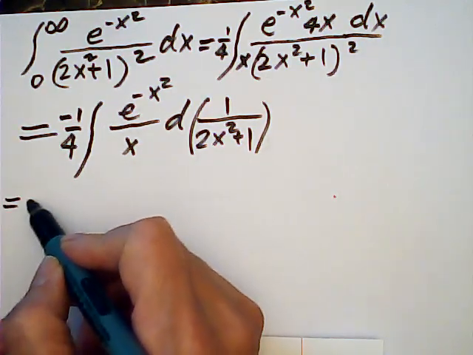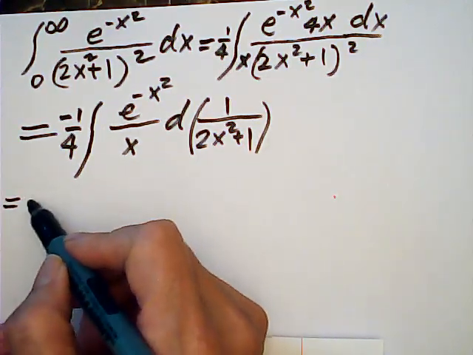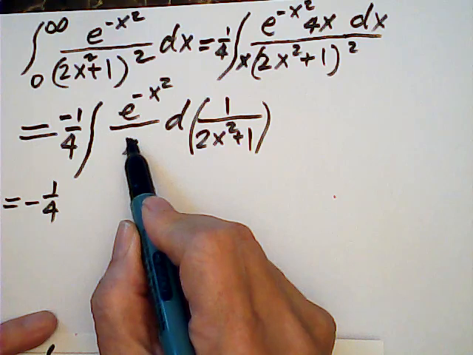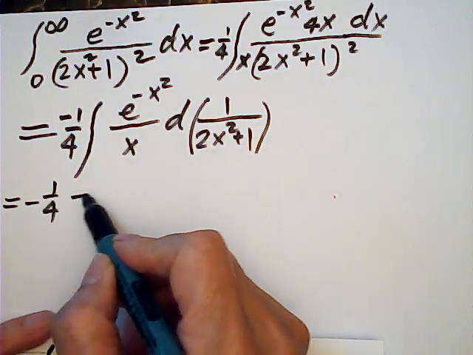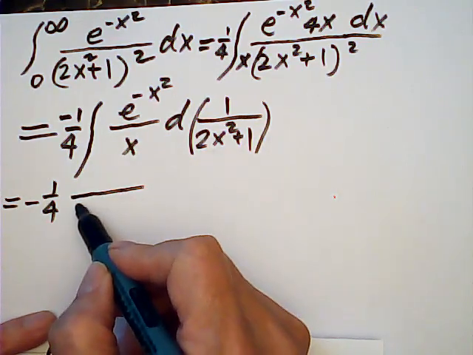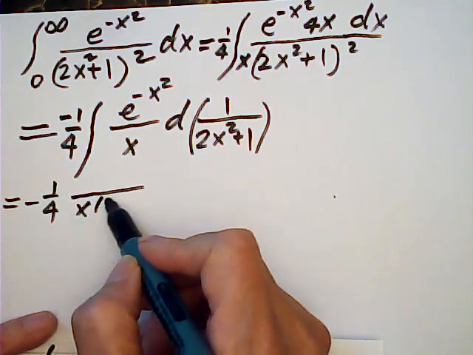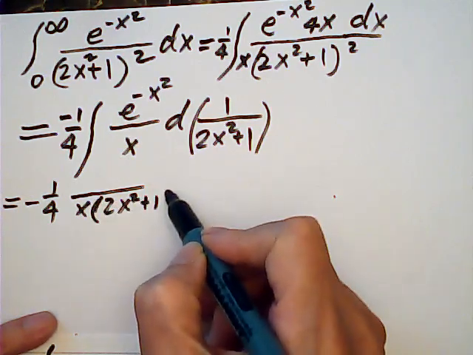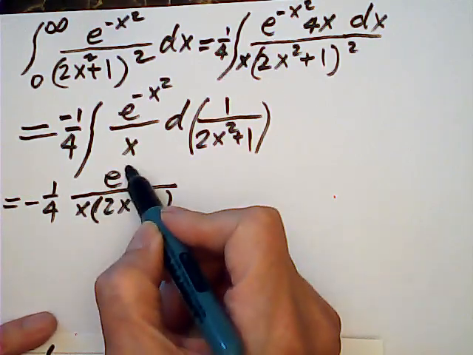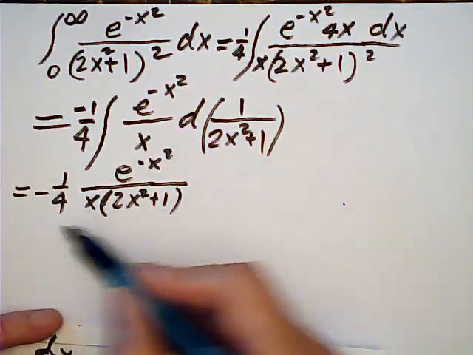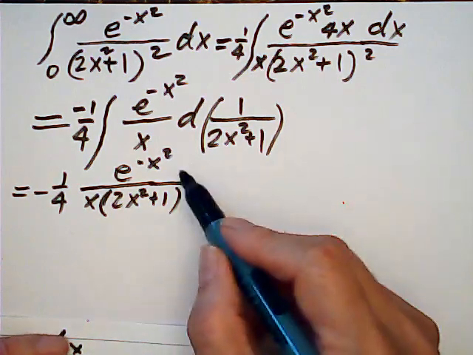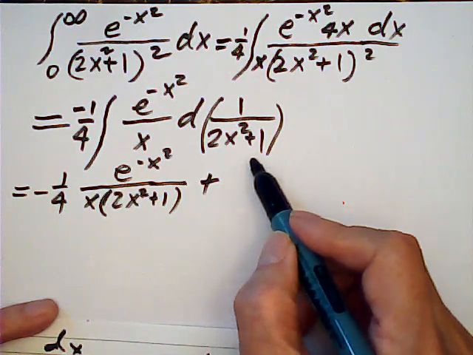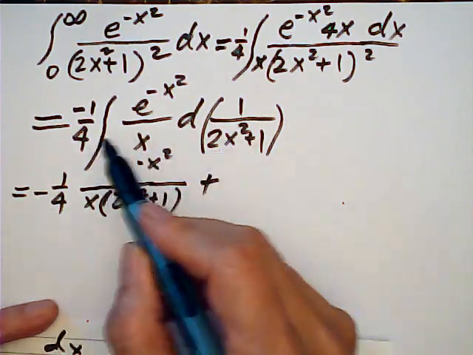So this one is equal to negative 1/4. This is u, this is v. This is x times 2x squared plus 1 times e to the negative x squared, minus, the v here becomes plus, v is this, du is.